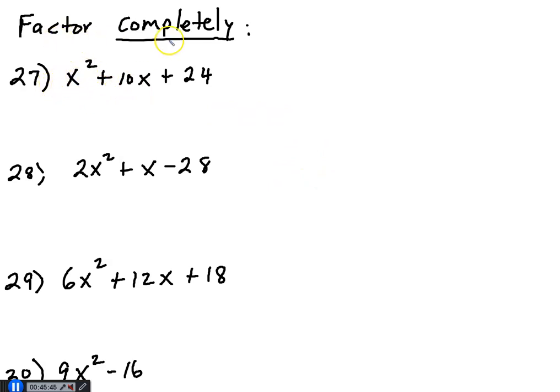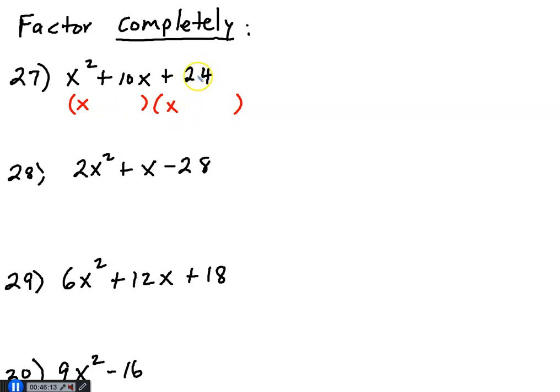So with factoring, we always look for a GCF first. Number 27, I don't see a GCF. So trying to factor it as two linear binomials multiplied together. Linear means that we're going to have x to the first in each group. X times x gives you x squared. I need the factors of 24 in the second slots, but I can't just pick any factors of 24.